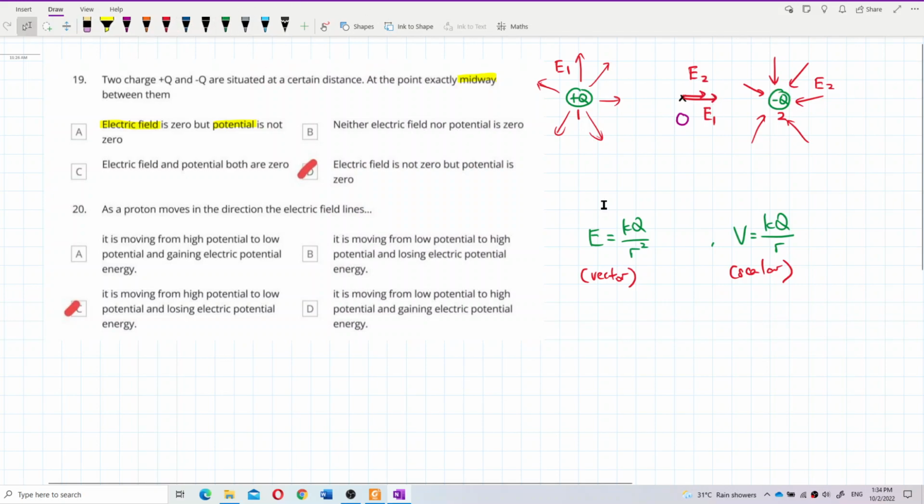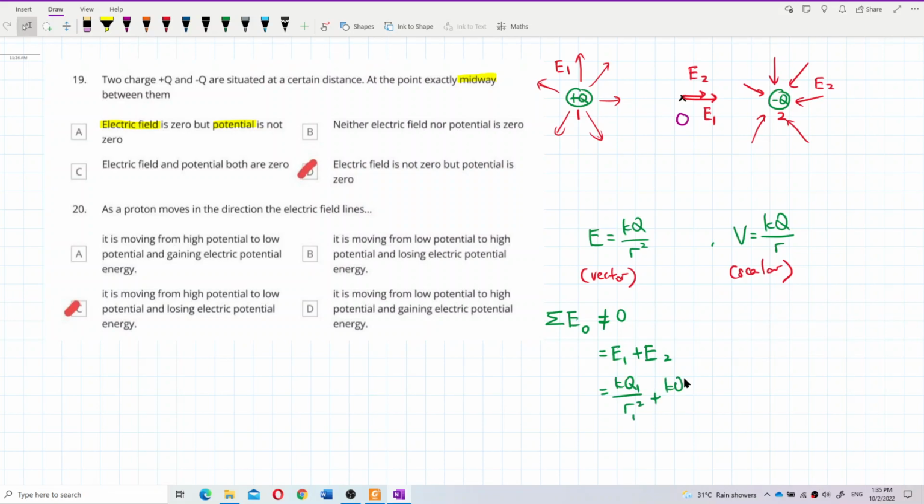So the total electric field at point O is not 0. It is equal to E1 plus E2. Understand? Using the formula, we can use kQ1 over R1 square plus kQ2 over R2 square.